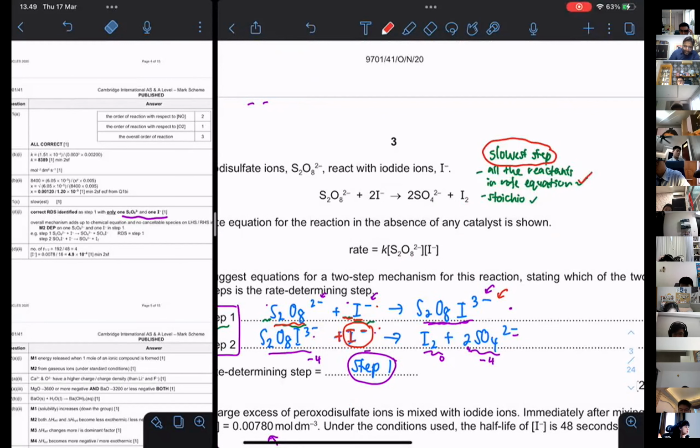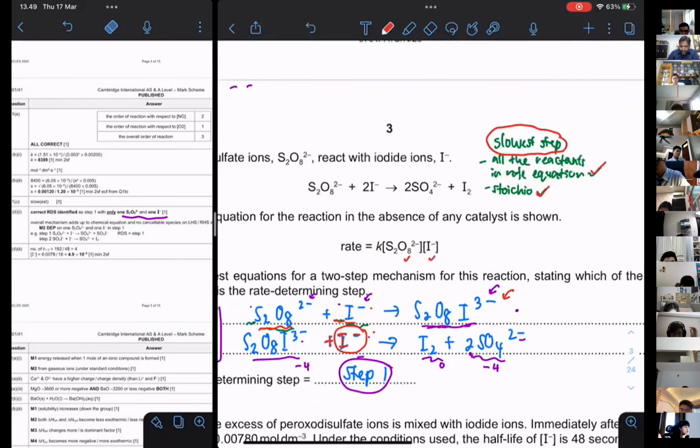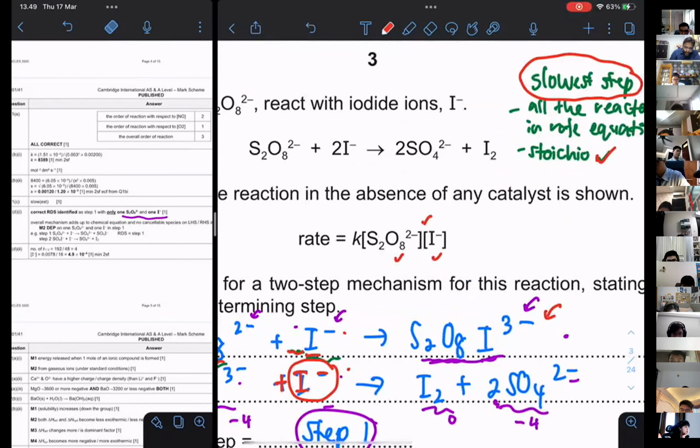It means the slower step must have this, must have this. If you have the rate equation, the slower step must have that. And then they must follow the stoichiometric equation. For example, if you have to the power of 1, to the power of 1, it means that in the stoichiometric equation, you must have 1 in front of them.